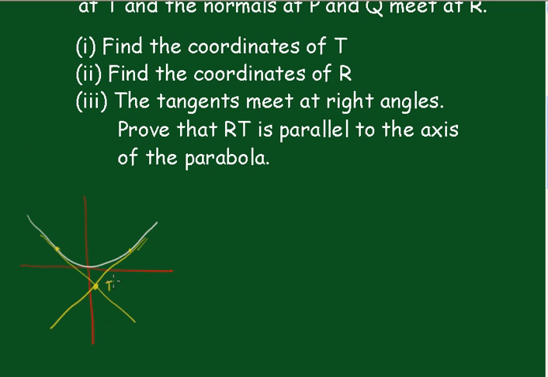That one's the T. We've got another one up here. Right angles there, right angles there. That's R. Another different colour here. And we've got to show that RT is parallel to this axis here. Okay, first up, let's get part 1 done.